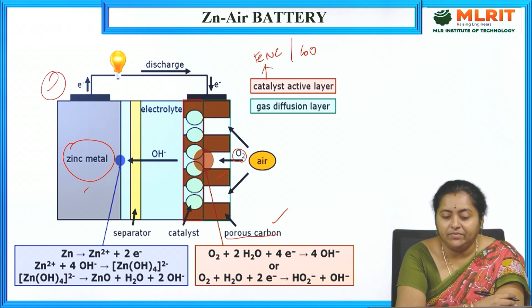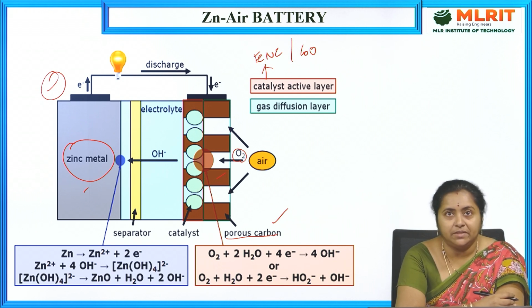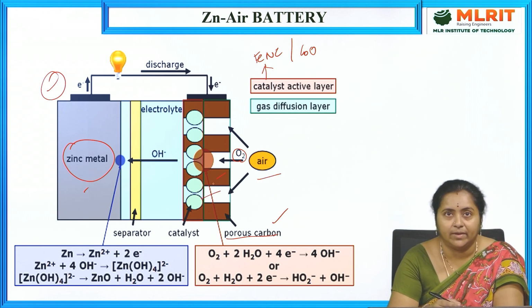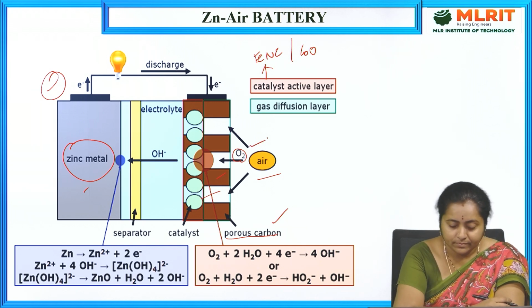Whenever this bifunctional catalyst senses a difference in the pressure of oxygen inside and outside, with the oxygen inside being the absorbed oxygen, it makes this oxygen actively participate in reactions.